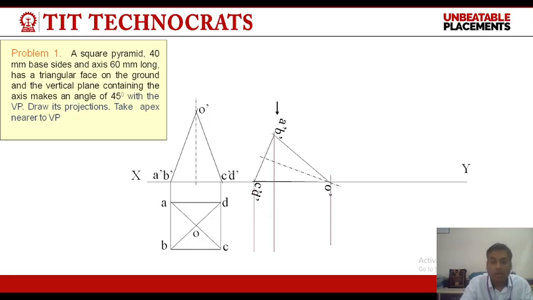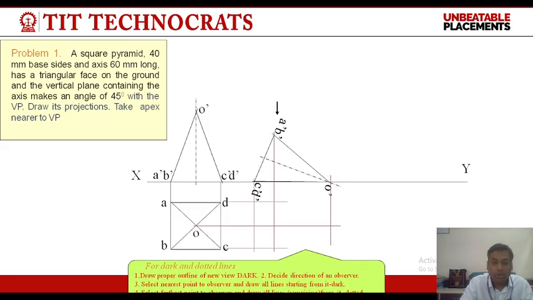And we will locate all the points of the pyramid like A, B, C and D. Now, for joining all these points, we must remember that when we see a solid, all the edges of a solid cannot be seen simultaneously. So, we will draw the lines which are visible to us using solid lines, and the lines which are not visible to us will be drawn using dotted lines.